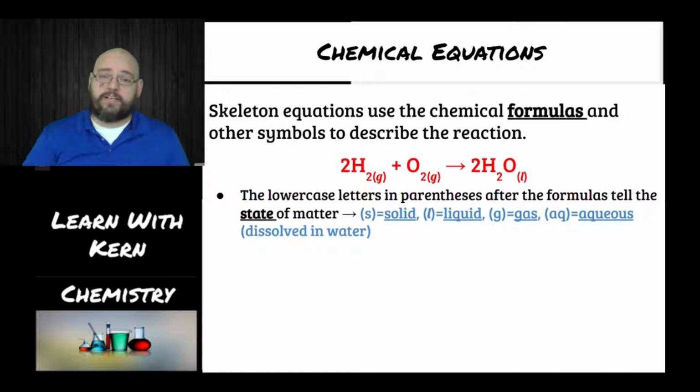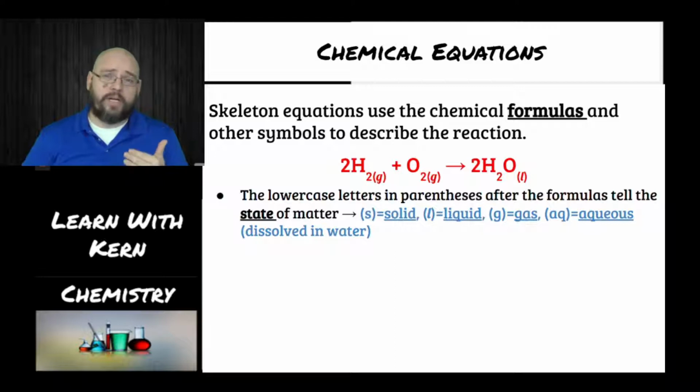Those lowercase letters in parentheses, the g and the l after them, tell the state of matter. So s is solid, l of course is liquid, g is gas, aq is aqueous, which is a word that means dissolved in water. If I have a solid that's dissolved in water, we would call it an aqueous situation.